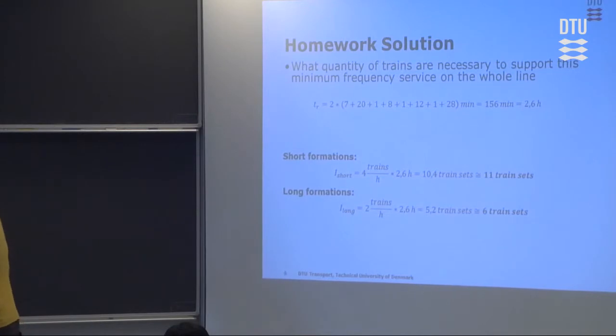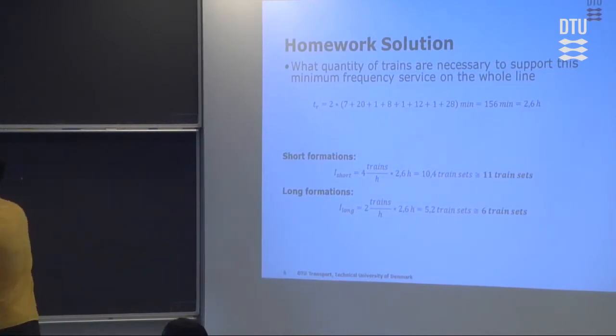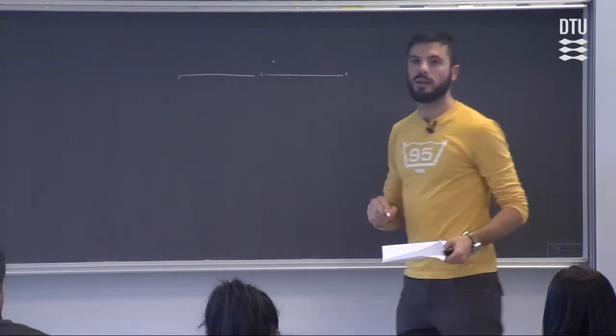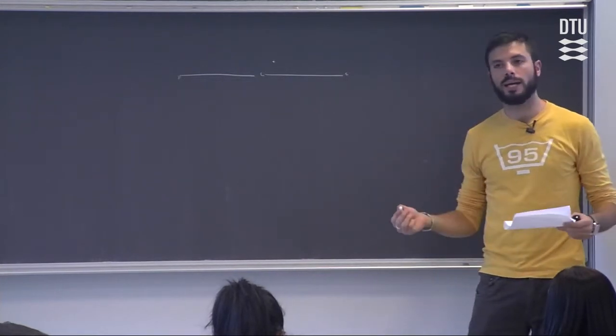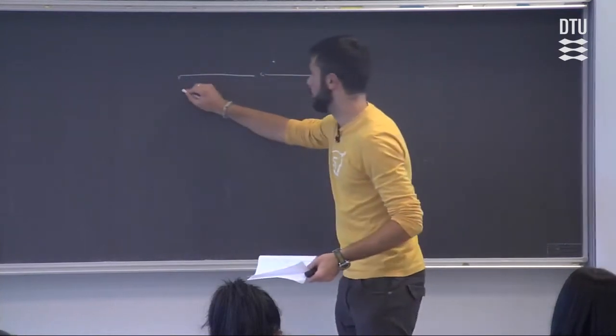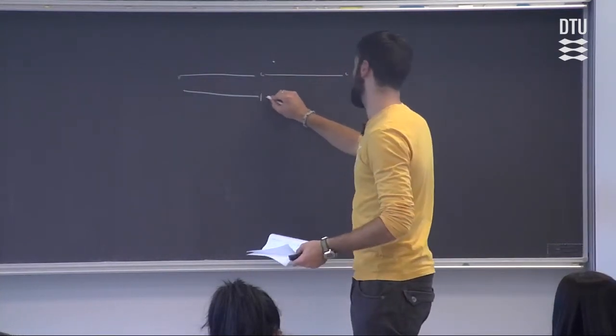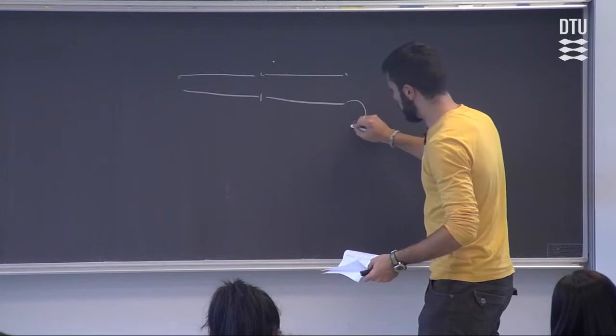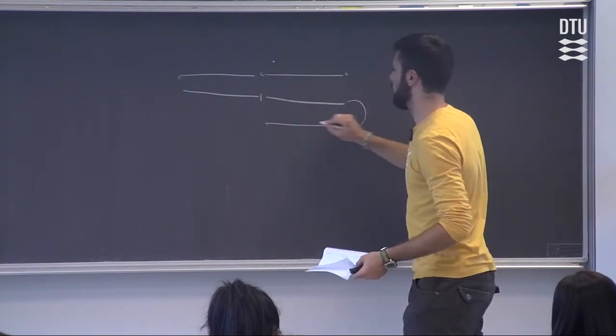If we have a bunch of stations here, and we are running the round trip time, it is called round trip because it's a round. So we are going from here to here, then we are having a stop here, then we are reversing the train, and here is again the same path.